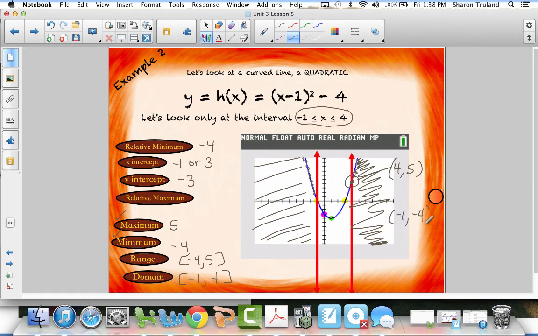Does that look familiar now? That's right. Look at my domain, which are my x values. Hey, that's kind of cool. And look at my range, which is my y values. That's kind of cool also. So these words have double meanings.